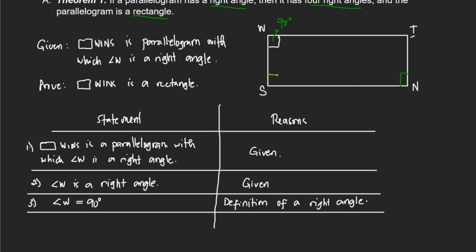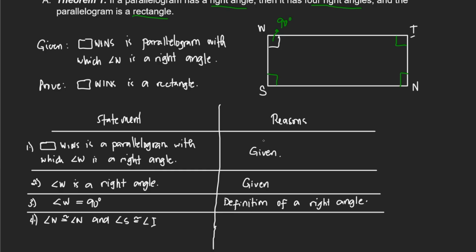While si angle S is also opposite to angle I. So this means we can create a statement, yung fourth statement natin, wherein angle W is congruent, pag sinabi natin congruent, equal, kay N, and si angle S natin is also congruent to angle I. So what have you observed?